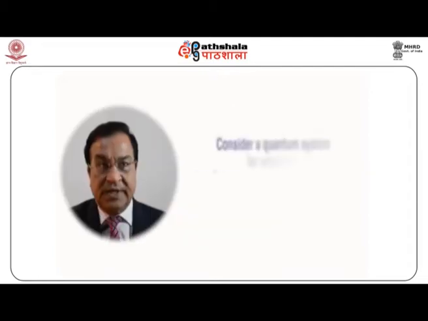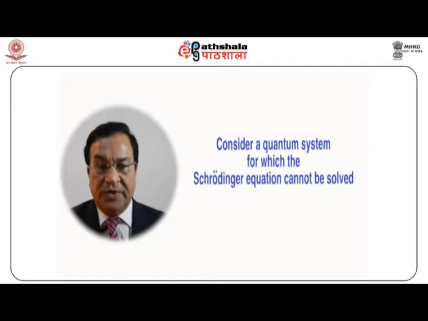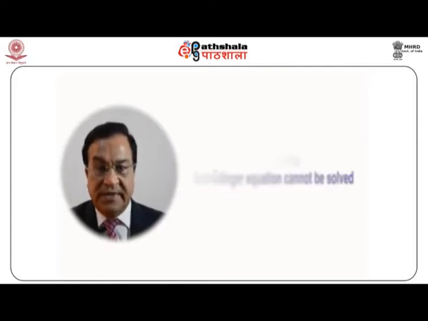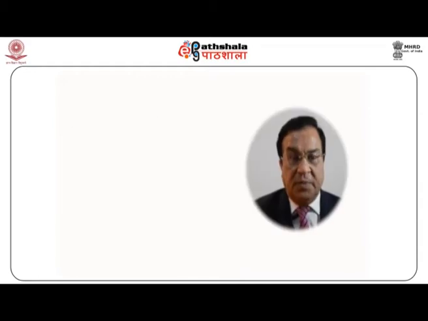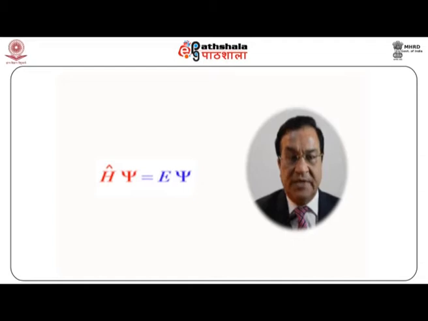Now let's consider a system for which the Schrodinger equation cannot be exactly solved. Suppose this equation is Hψ = Eψ, where ψ is the wave function of the system and E is the total energy of the system.